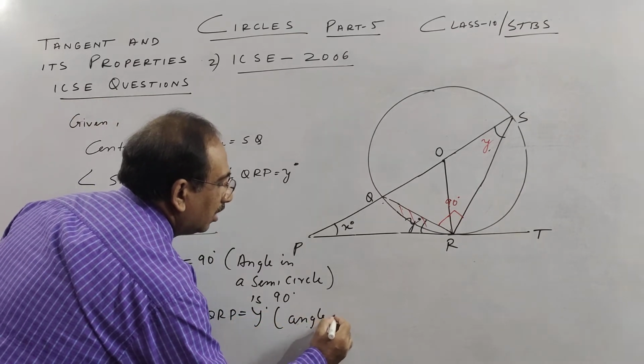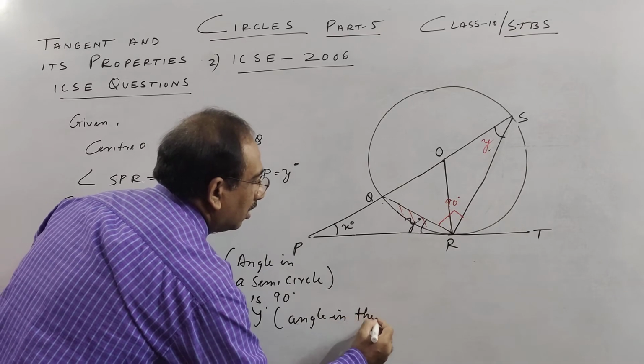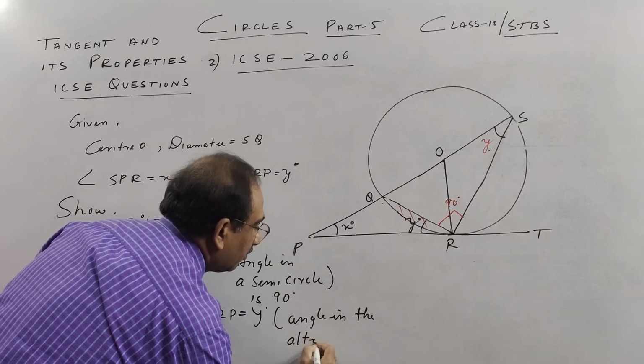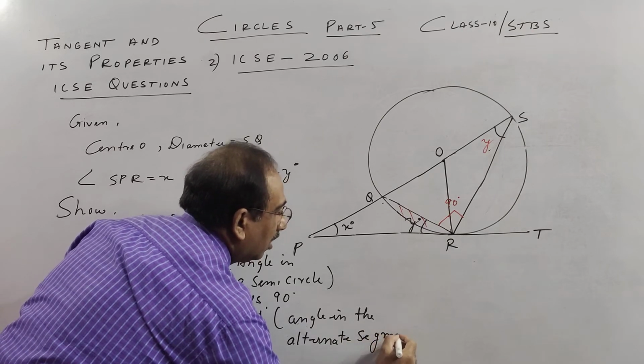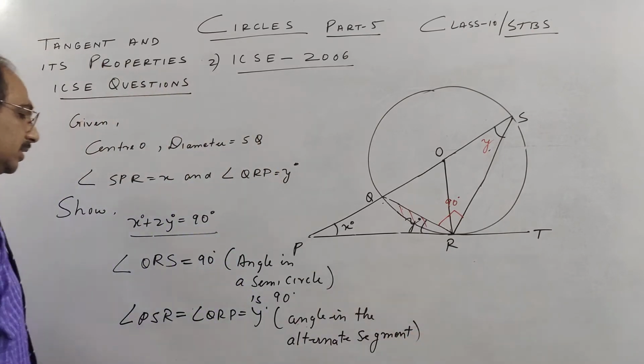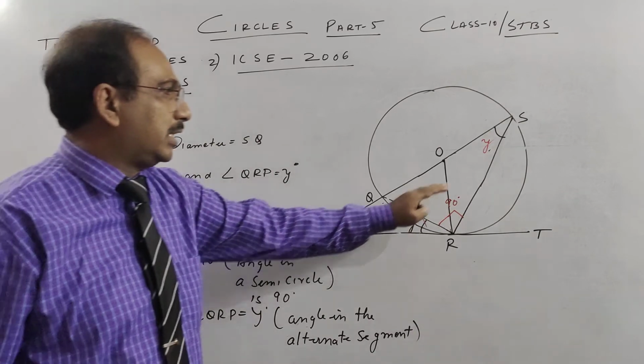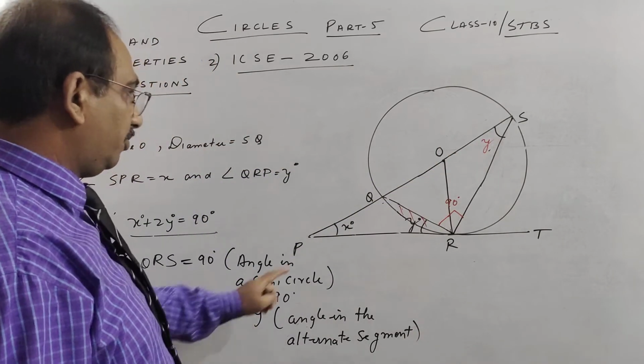Reason: angle in the alternate segment. Remember this, children, this word has to come when you write the theorem. Alternate segment has to come. Angles in the alternate segment are equal. So we get this as y.